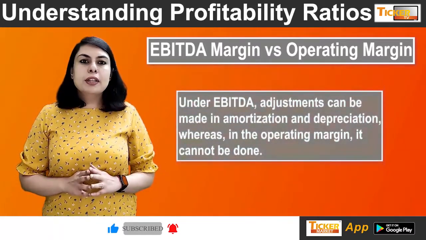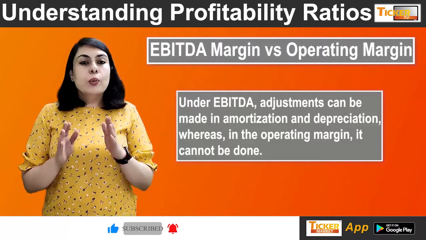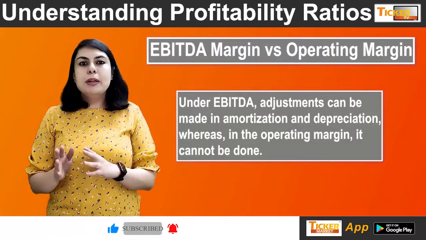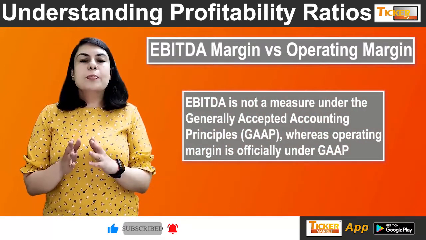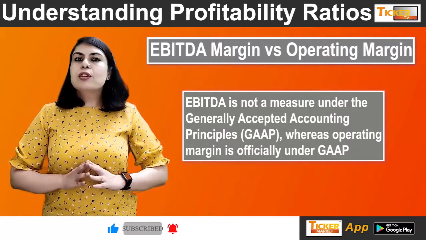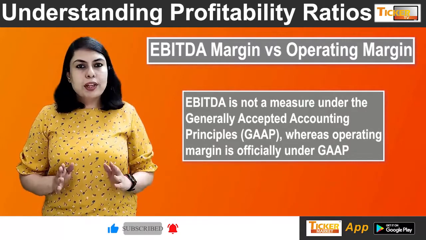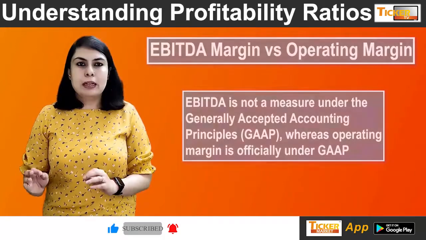Second, under EBITDA, adjustments can be made for amortization and depreciation, whereas in the operating margin, they can't be. Third, EBITDA is not a measure under the generally accepted accounting principles, GAAP, which means it is not used for financial reporting, whereas the operating margin is officially under GAAP.